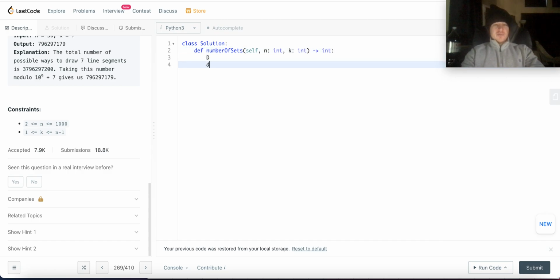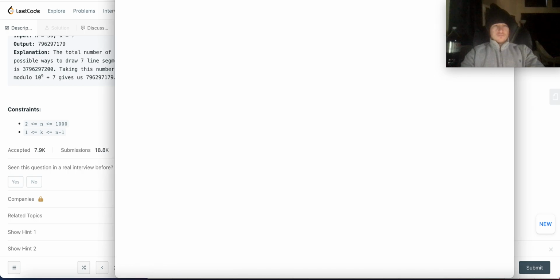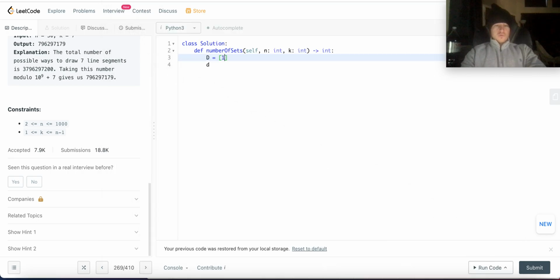Okay, so we have big D and we have little d. Now we're doing kn. So we'll do 1 times n plus 0 times n for blank in range k.